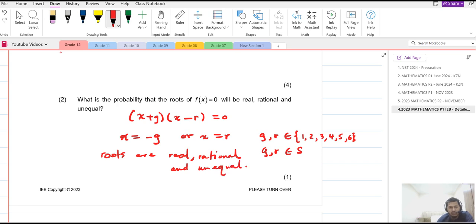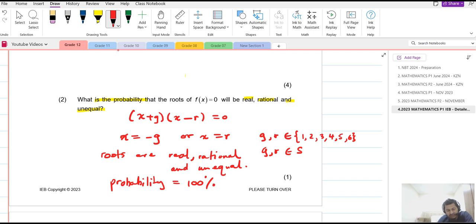So what is the probability that the roots will be real, rational, and unequal? Probability is 100%. The roots will always be real, rational, and unequal, so it's certain.